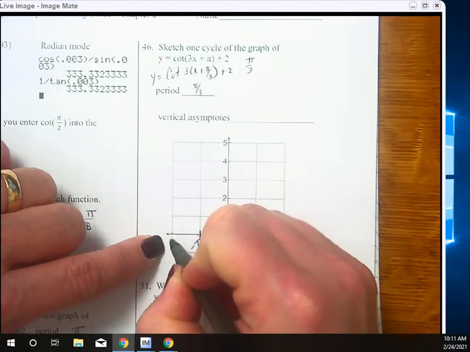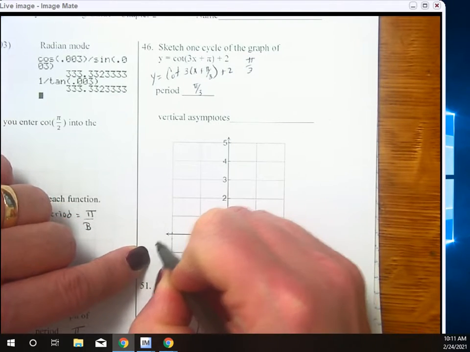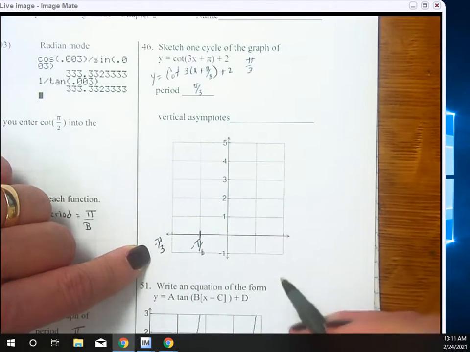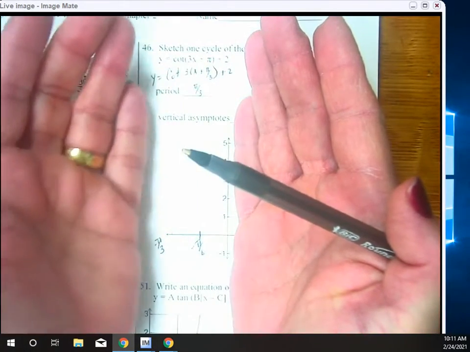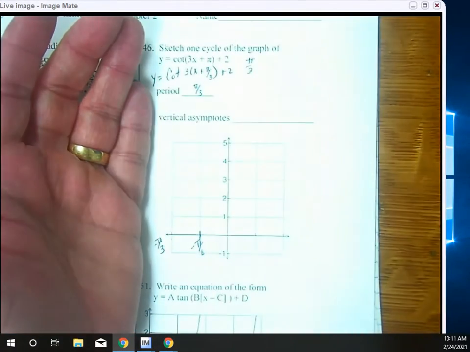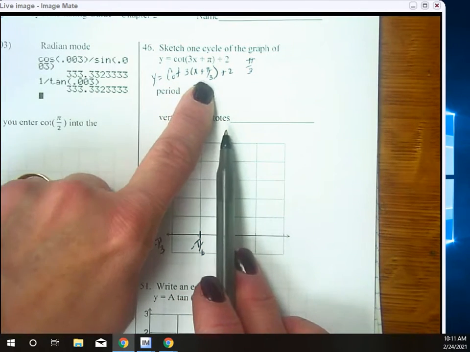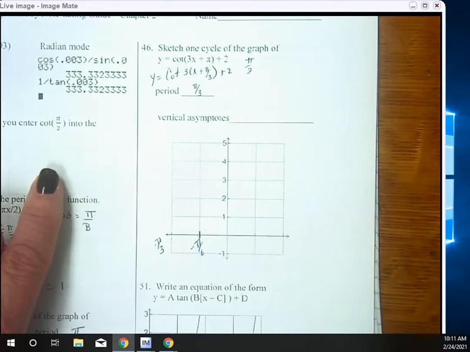So 1 pi over 6, 2 pi over 6 puts me at negative pi over 3. So instead of being at the y-axis, I've shifted back to negative pi over 3. So I've shifted this left pi over 3 units.